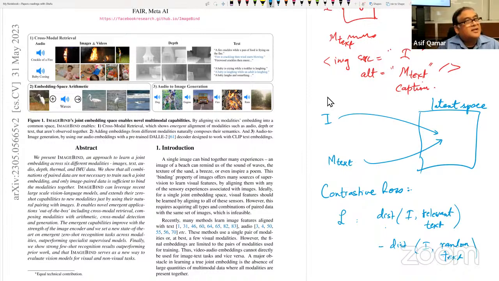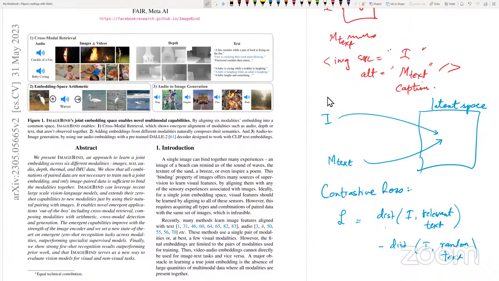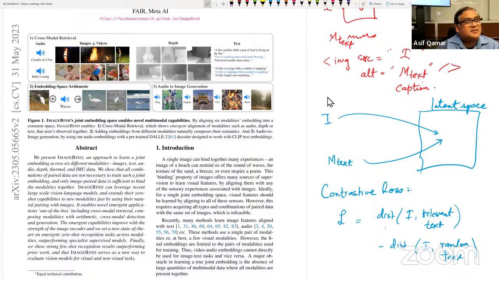If you were to train with this loss function, this begs the question: how would you first convert text to a vector? We have been doing that, for example using Sentence-BERT and so forth. The next step is, how do you convert images to vectors?